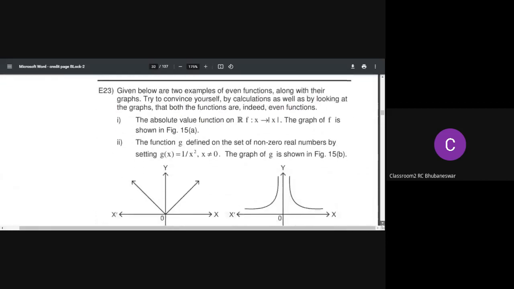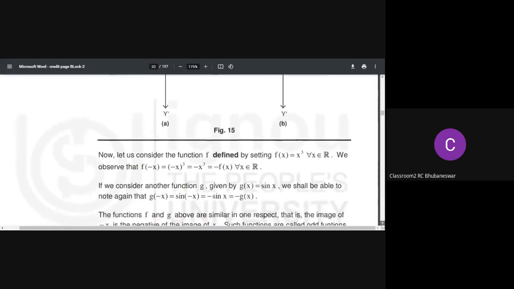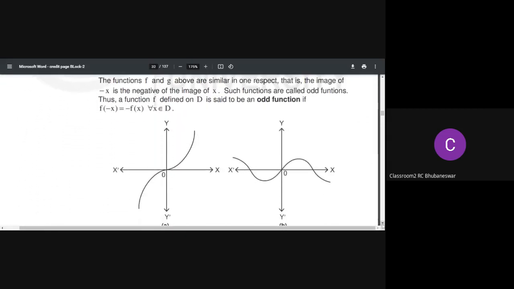Now let us see the definition of odd function. So here this is the same figure that was discussed, drawn in case of odd function. The figure starts from just below the x-axis on the negative side.